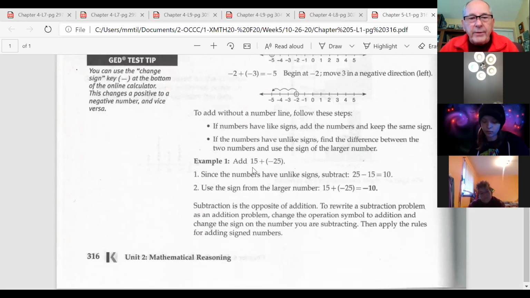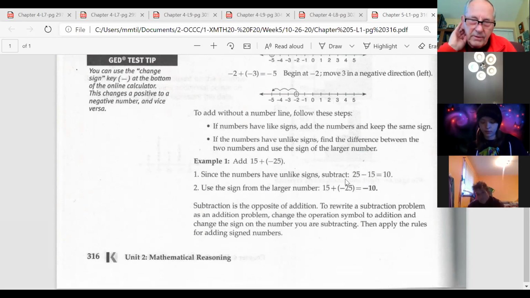Look at example 1 down here, adding 15 plus a -25. Again, because it's a plus and a negative, it's going to be a negative. So it's 15 minus 25. Let's subtract 25 from 15.